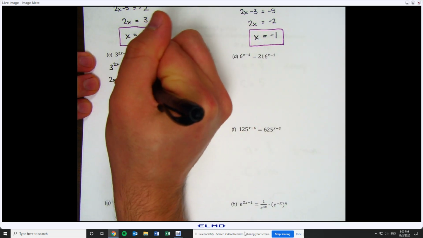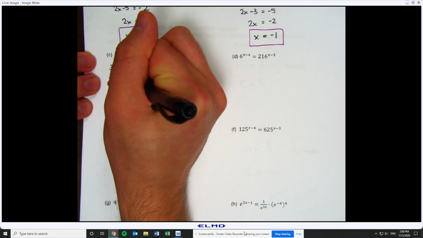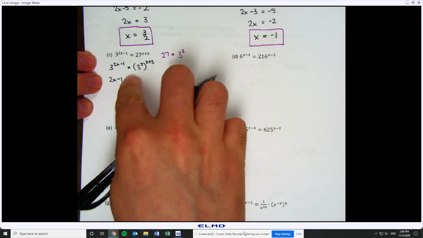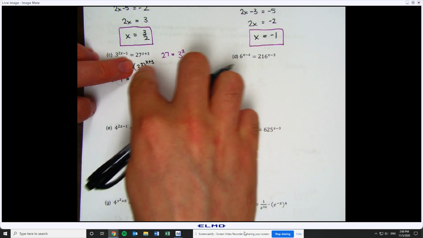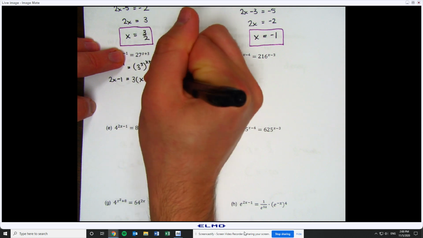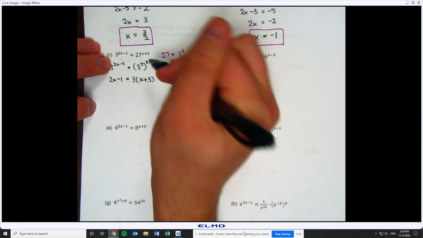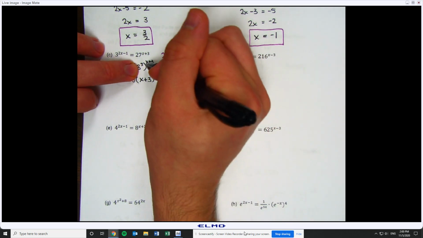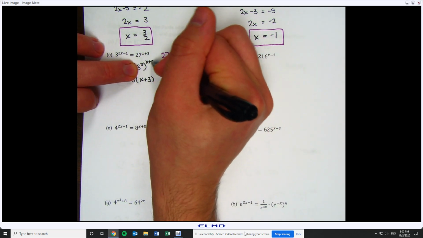So this, ignoring the bases now since they're the same, I have 2x minus 1 equals, ignoring the base, these have to be multiplied together, so I'm going to say that it's 3 times x plus 3. Multiply the 2 together. Now, if it helps, you can cover up the 3, and you can see that it's 3 parentheses x plus 3.